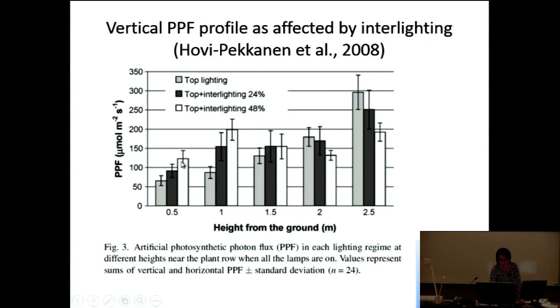The gray bar is the light distribution with, sorry, the top lighting only, 100% top lighting. So the highest point is the highest, and basically this is the kind of distribution in a top lighting only treatment.